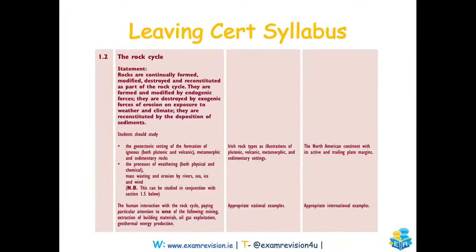Okay, so one thing that you should look at is the geography Leaving Cert syllabus, to see what it actually says that you need to know. So this is 1.1, the rock cycle. We've got our statement: students should study the geotectonic setting of the formation of igneous, both plutonic and volcanic, metamorphic and sedimentary rocks.